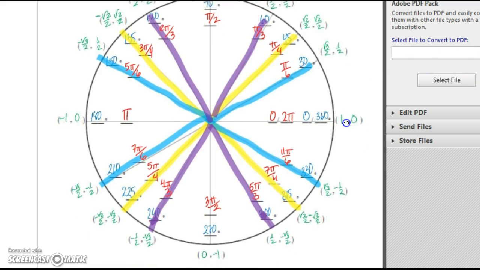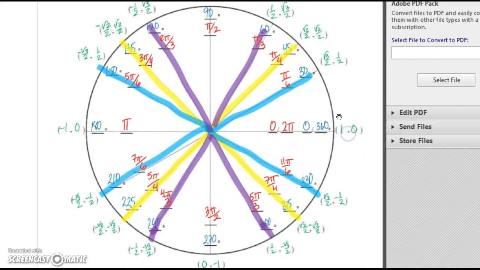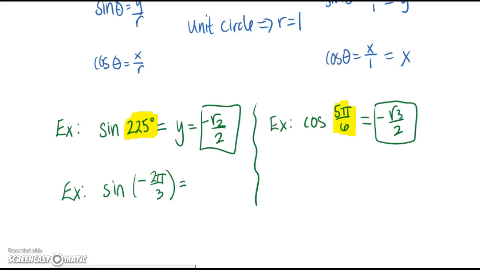But if you notice, our angles are all being measured in positive radian values. So where the heck is negative 2 pi over 3? You might recognize it as the same thing as positive 4 pi over 3 over here. But if you don't recognize it as that, that's where our lesson on coterminal angles comes in handy.